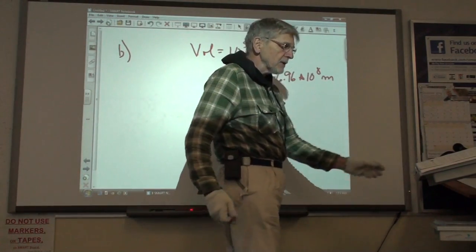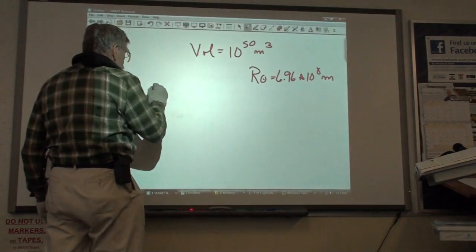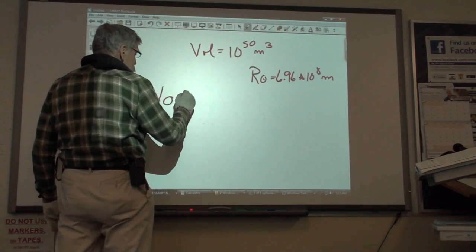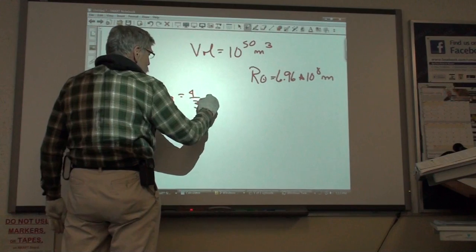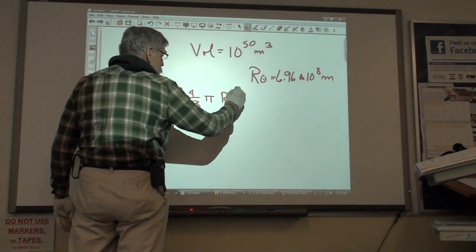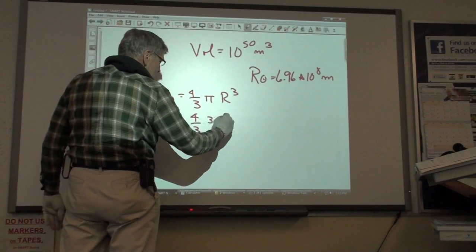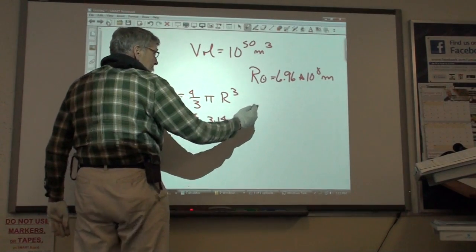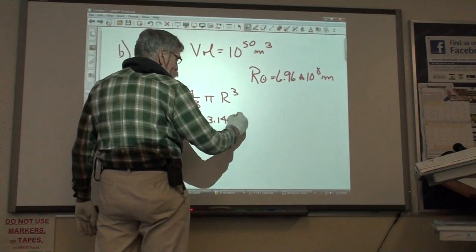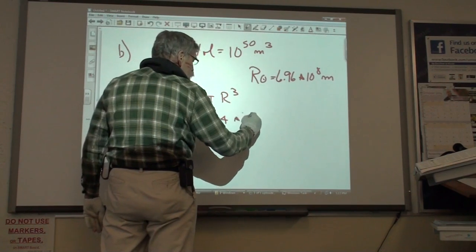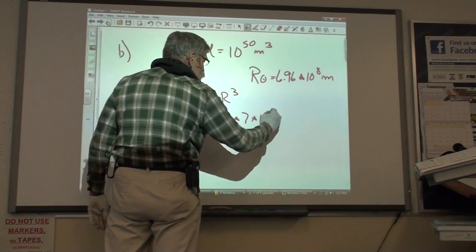And it is a sphere, so we know that the volume of a sphere is equal to 4/3 pi r cubed. So it's equal to 4 over 3 times 3.14 for pi times, and we're going to approximate that as 7 times 10 to the 8th, cubed.